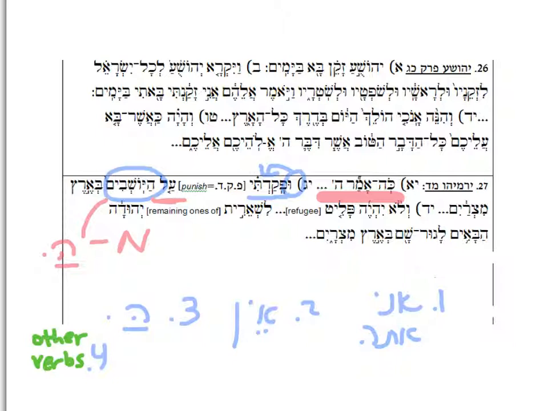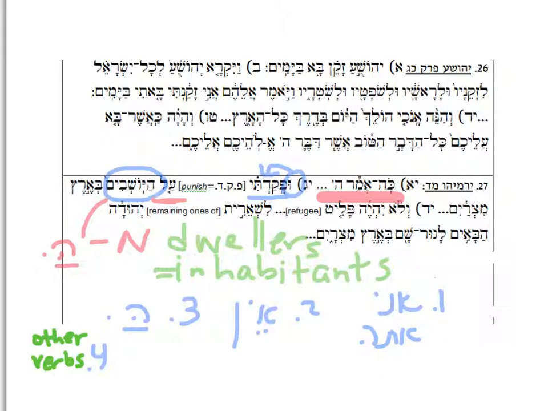And when I translate participles functioning as nouns into English, I ask, who is the person doing the action? So here, yoshvim is like dwellers, right? The people who dwell, or in better English, inhabitants. That would be better. So I will exact punishment on the inhabitants, be'eretz Mitzrayim, in the land of Mitzrayim.